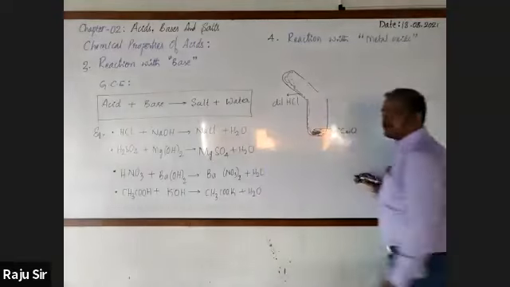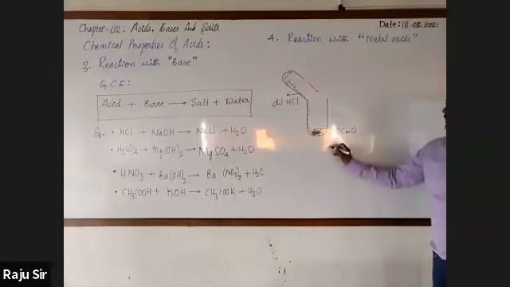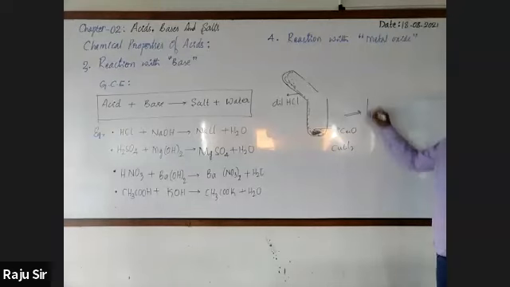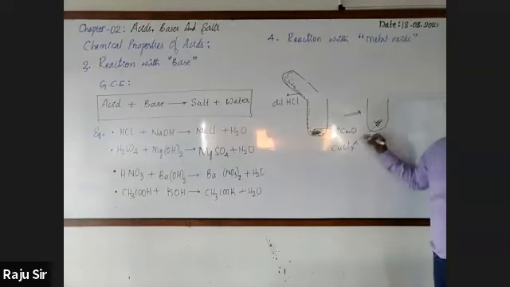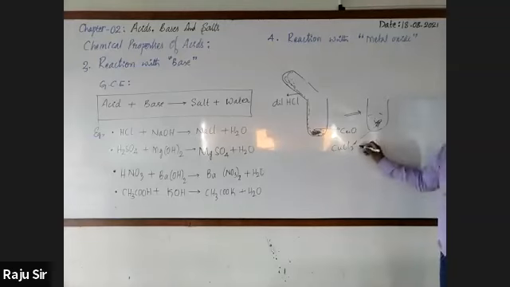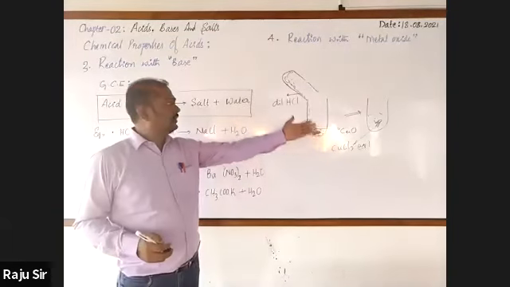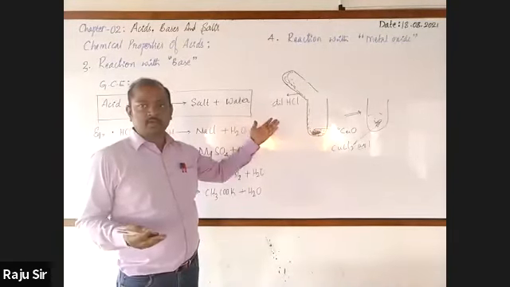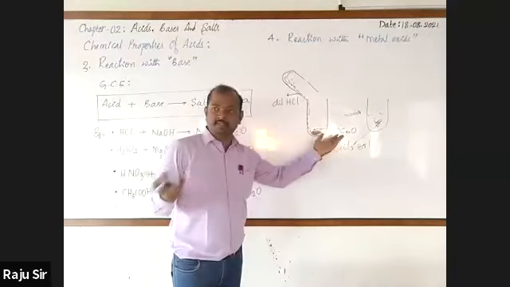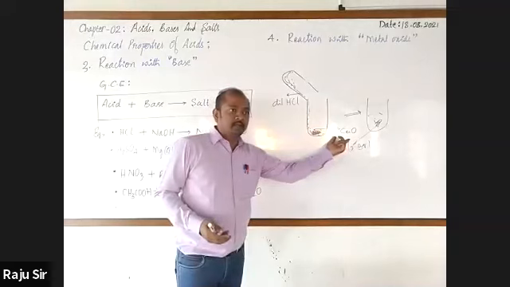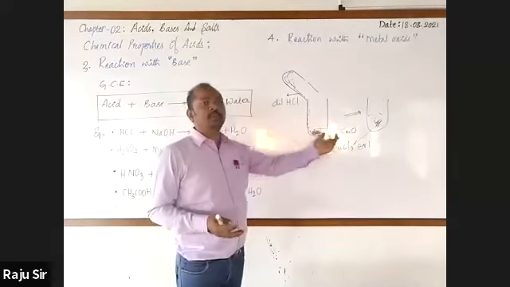Copper chloride. CuCl2 solution. As it is aqueous, we can say CuCl2 plus H2O. We all know that metal oxides are basic in nature. Here, acid is reacting with metal oxide, which means it is reacting with the base.